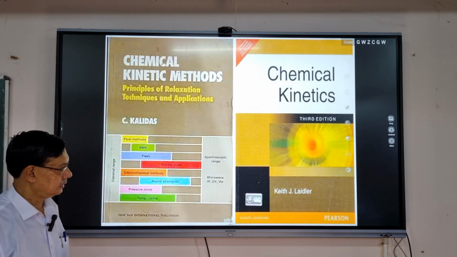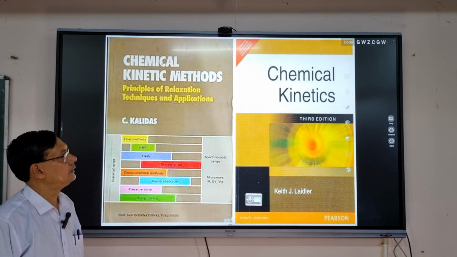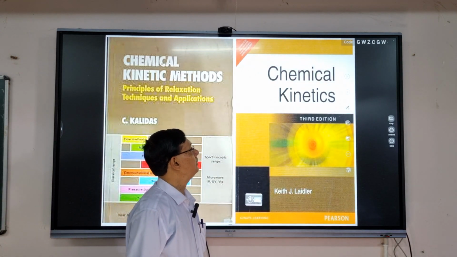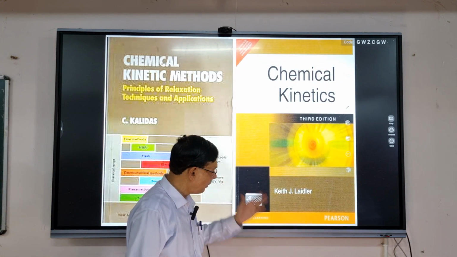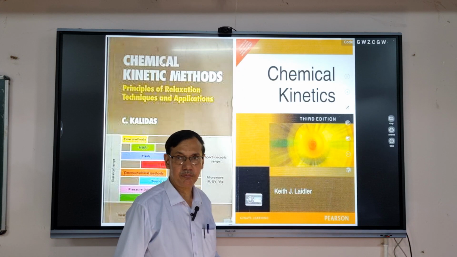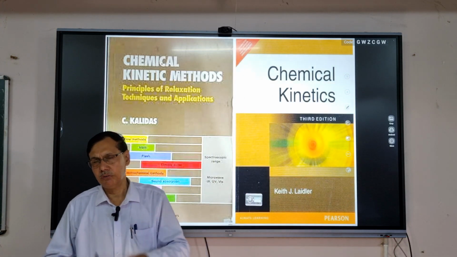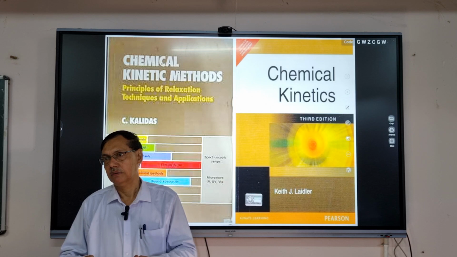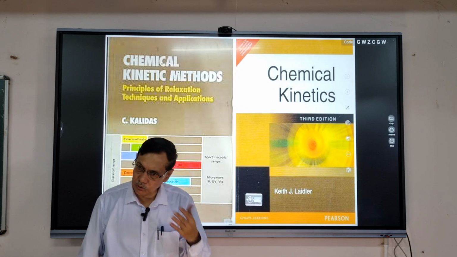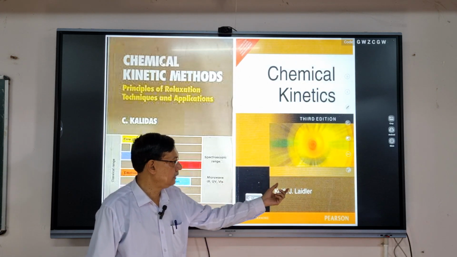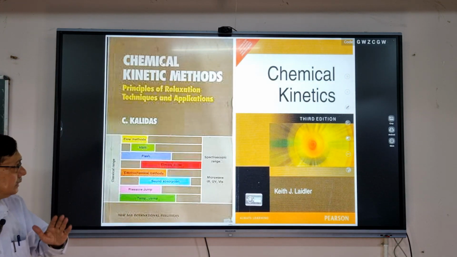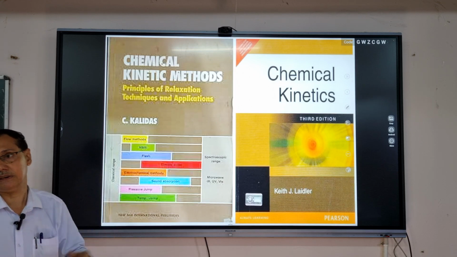During your first semester, I believe you have already referred to the most important book of chemical kinetics, that is K.J. Laidler. In second semester also, many topics will be covered by this book, and I have also referred some derivations from K.J. Laidler. Now suppose you want to learn detailed information on fast reactions.